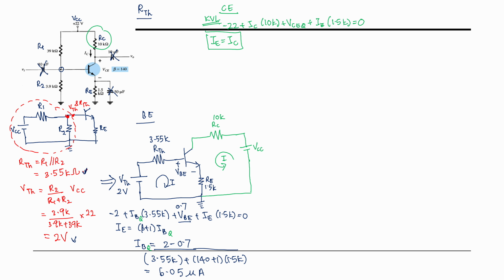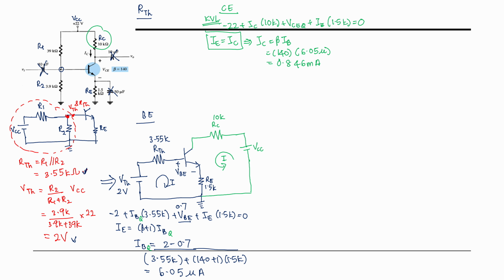Right, so what is the value of IC? IC we can get, which is beta IB that we have determined earlier. So what is the beta? Beta is 140, IB is 6.05 micro. So we will get IC is equal to 0.846 milliampere.